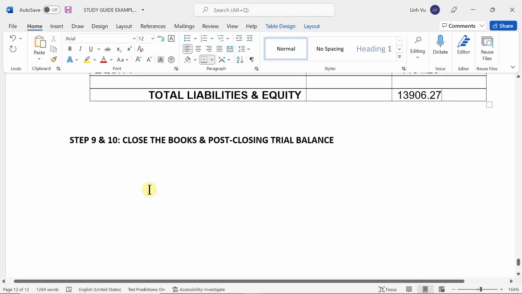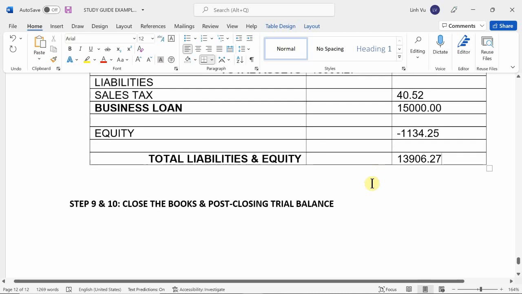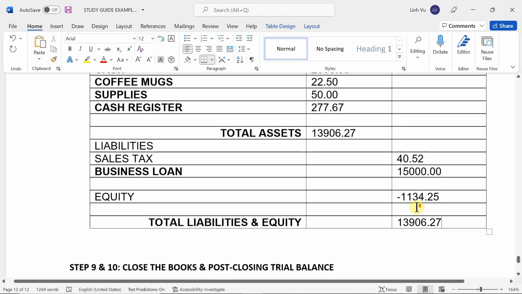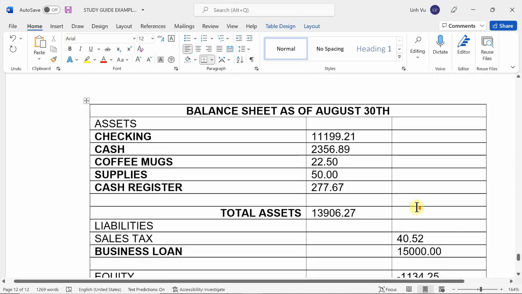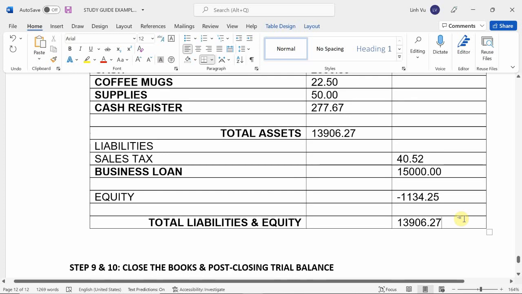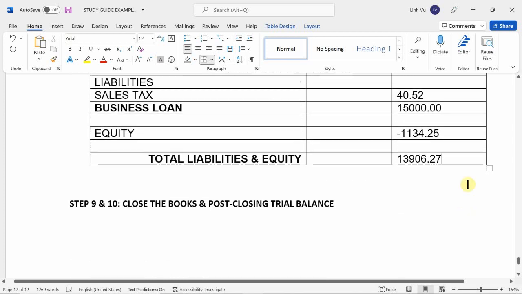So again, use the coffee cafe to close the books properly, by zeroing out all of your revenues and expenses into income summary, and then zeroing that out to equity. You should be able to match your equity to that negative 1,134.25. That should be your matching point there.